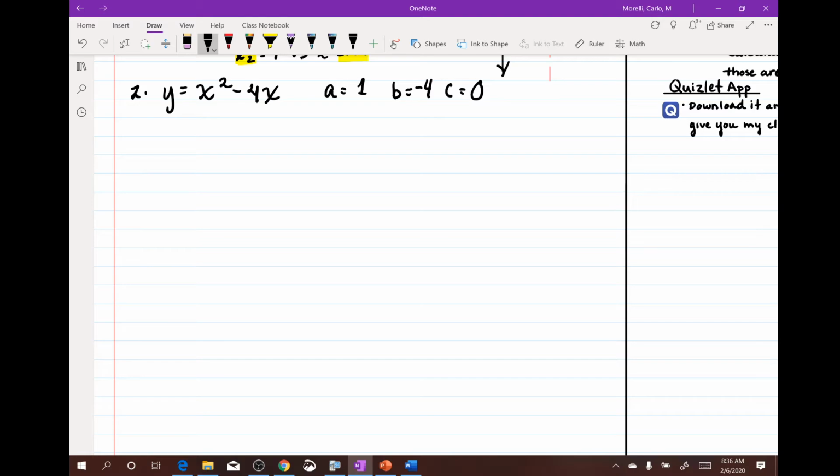Okay? So let's factor this really quickly. We need two numbers that add to equal -4 and multiply to equal 0? Or what do we do here with this one?